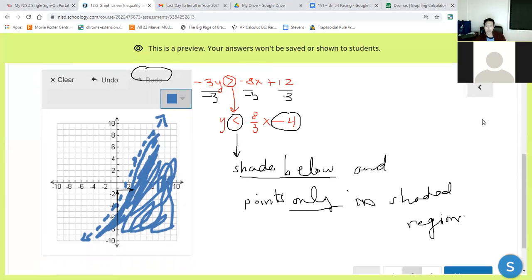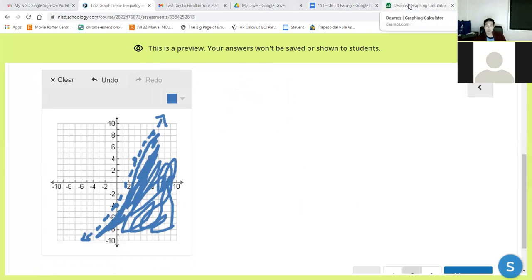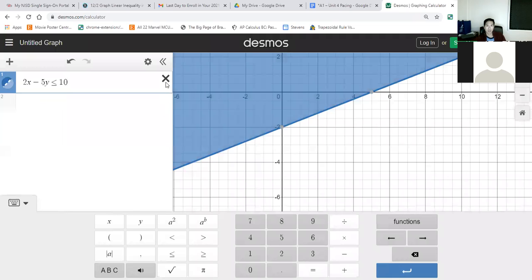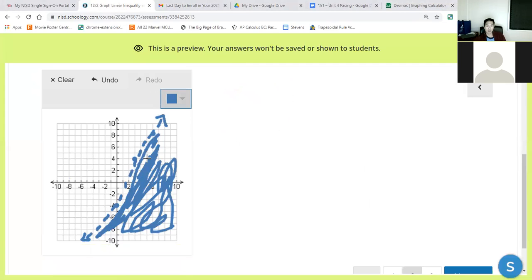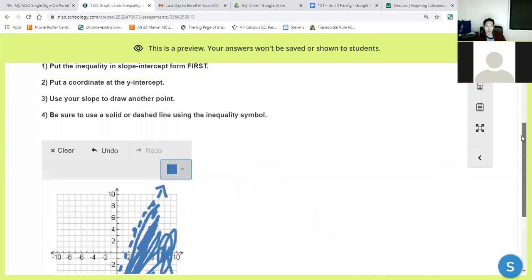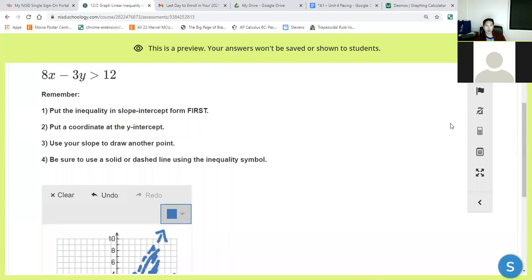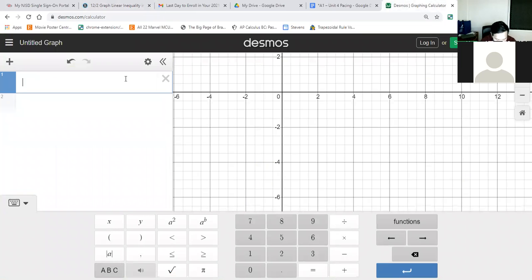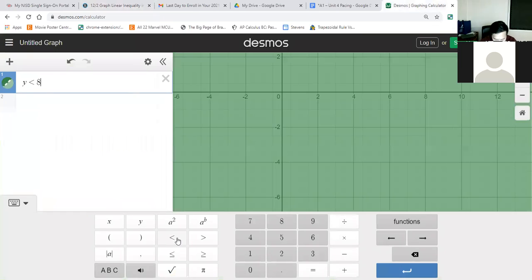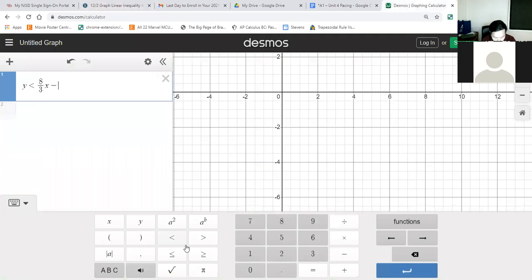So when I clear this here, I can go to Desmos right here. And if I look at my function from before, it's 8x minus 3y is greater than 12. Or I can write down what it was after I solve for it: y is less than 8 divided by 3 x minus 4.